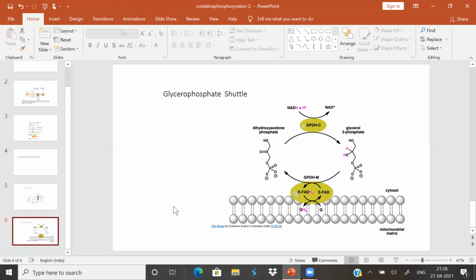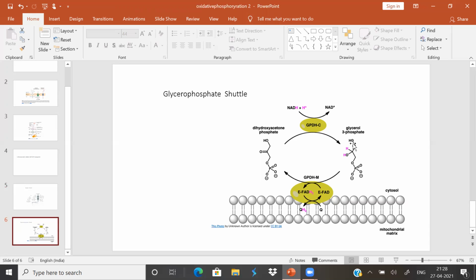Now, another shuttle mechanism is the glycerophosphate shuttle. Here, in the cytosol, dihydroxyacetone phosphate and NADH are converted to glycerol 3-phosphate and NAD by the enzyme glycerol 3-phosphate dehydrogenase.